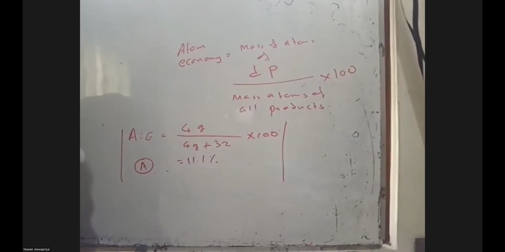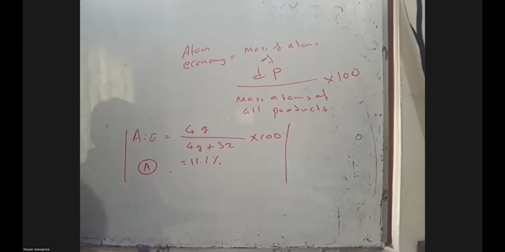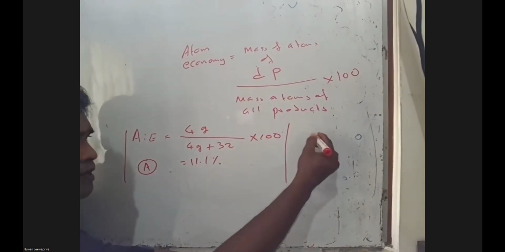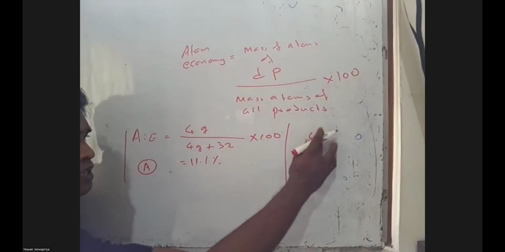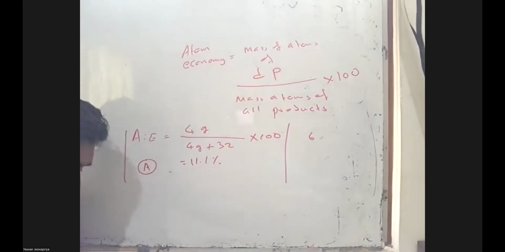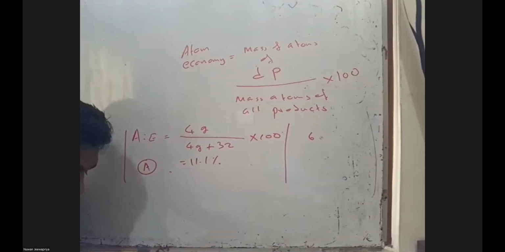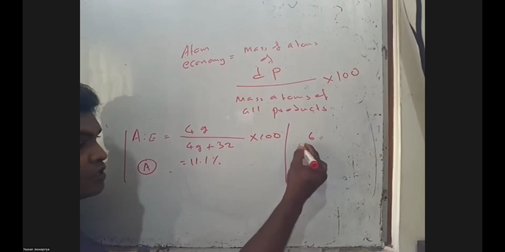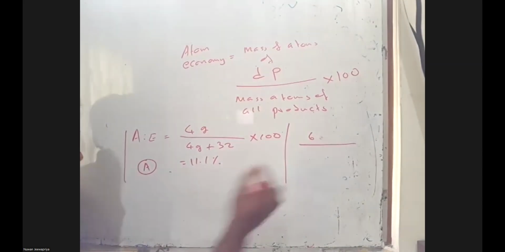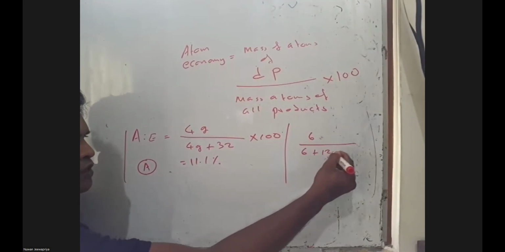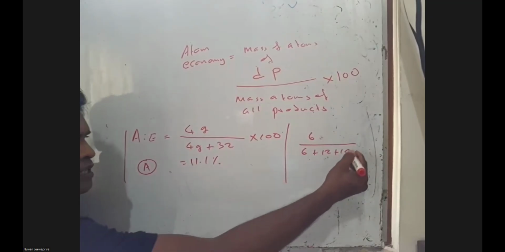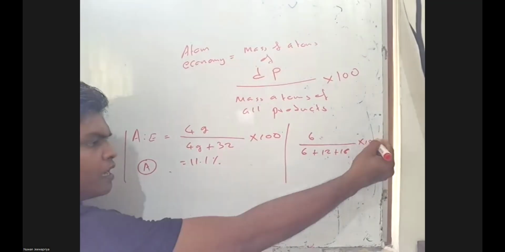So we go to the B answer. See the B answer. Hydrogen mass is 6, because 6 hydrogen atoms, so 3 moles are there. 6 hydrogen atoms totally, so mass is 6. And here 6 plus carbon 12, oxygen 16, multiplied by 100.